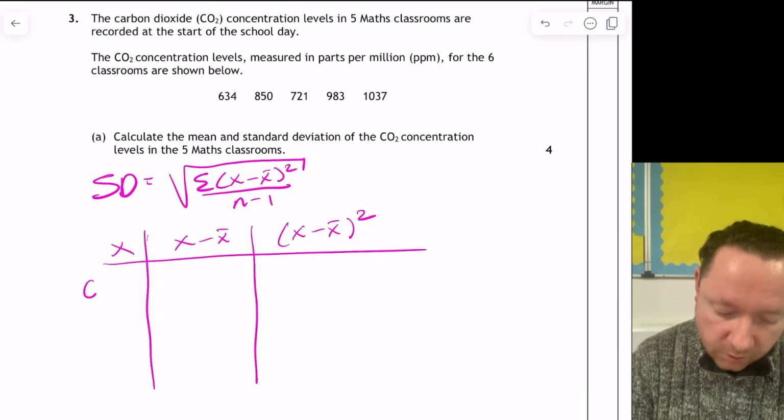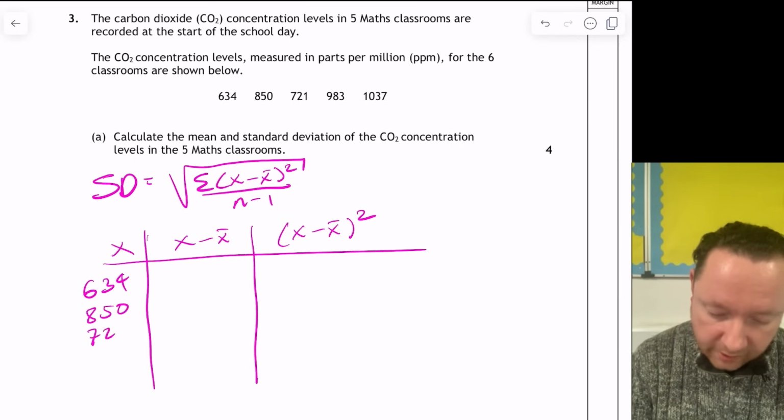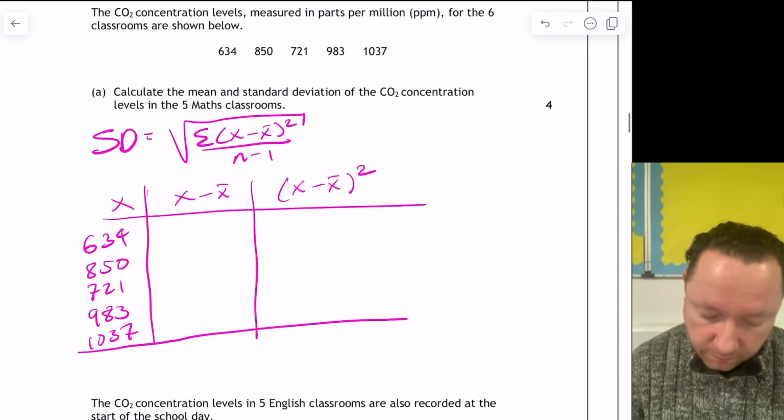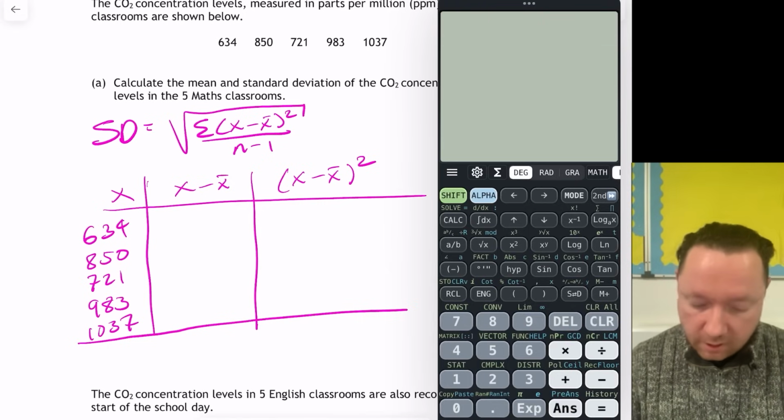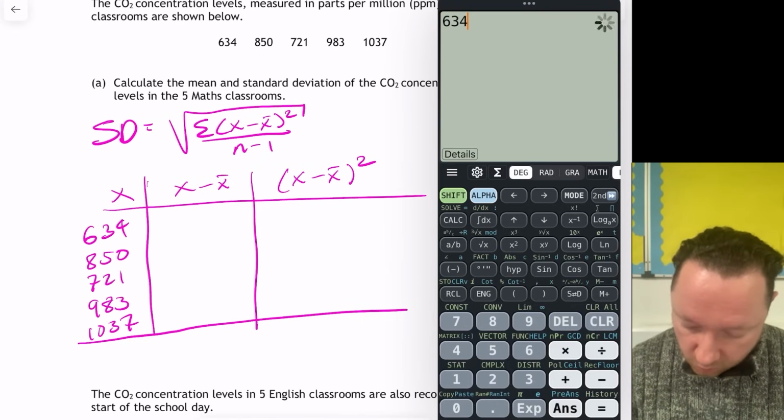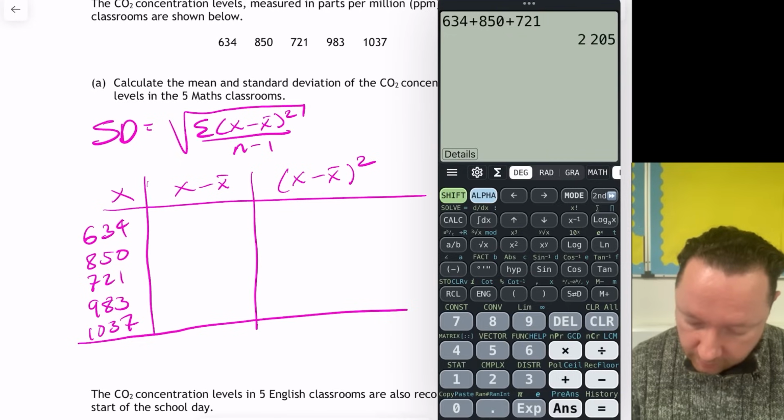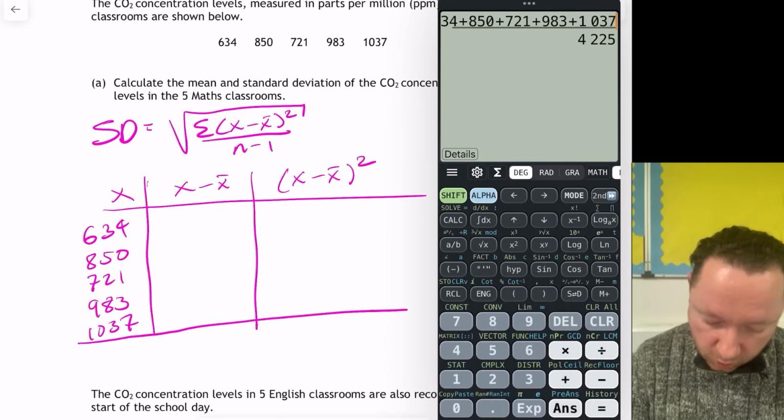So you write all your numbers first, taking your time, don't miss anything. And then you add all of them up using a calculator. 634, 850, 721, 983, 1037 is 4225.